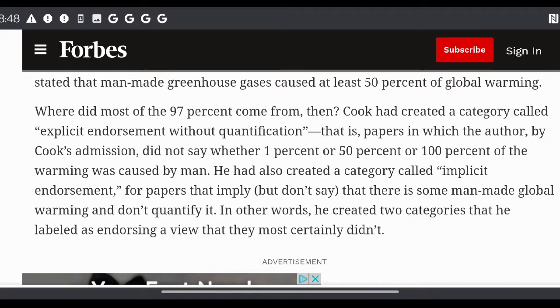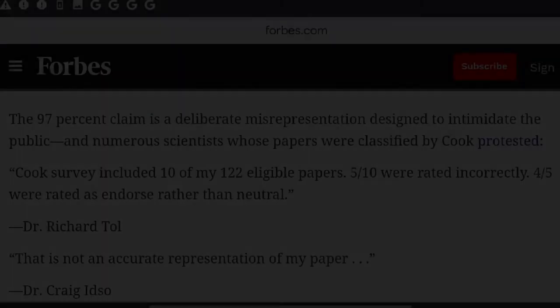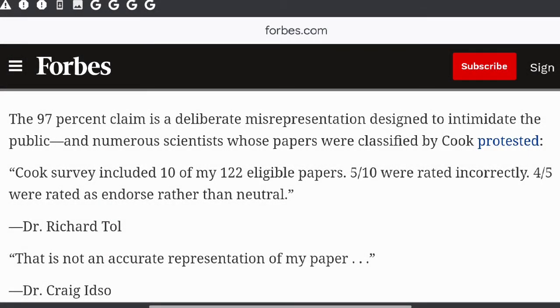Where did most of the 97% come from then? Cook has created a category called explicit endorsement without qualification. You'll see here, I don't want to read this, but we'll go on. The 97% claim is a deliberate misrepresentation designed to intimidate the public, and numerous scientists whose papers were classified by Cook protested.